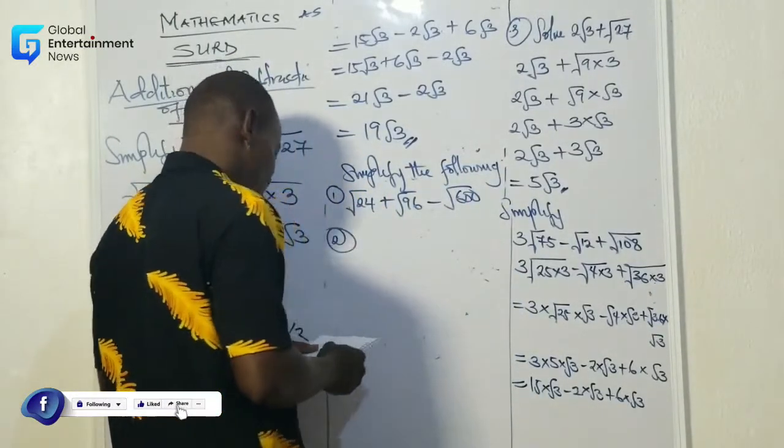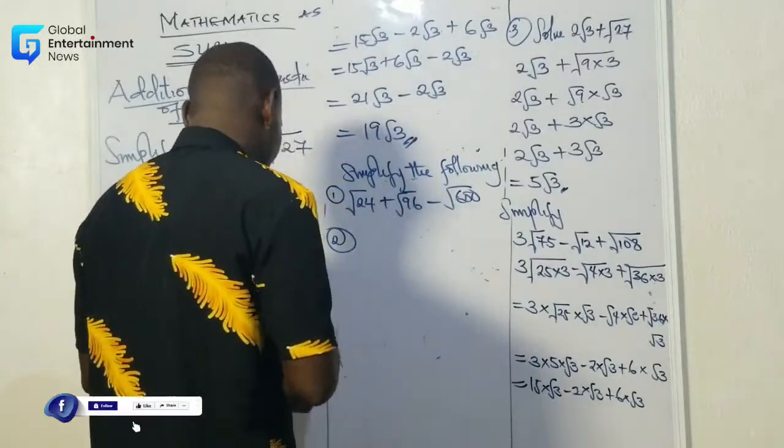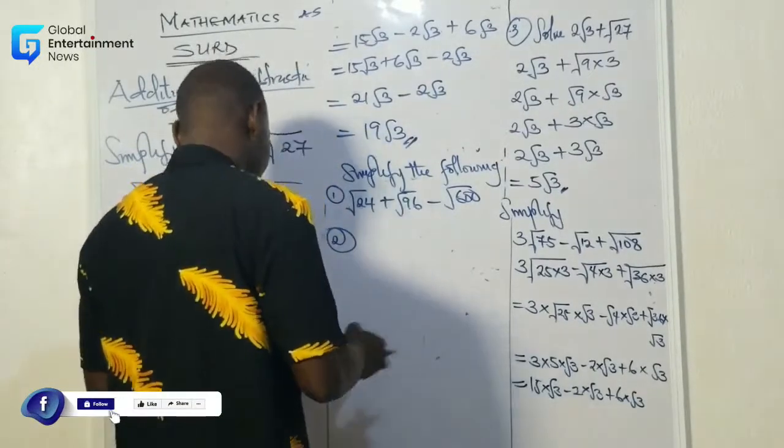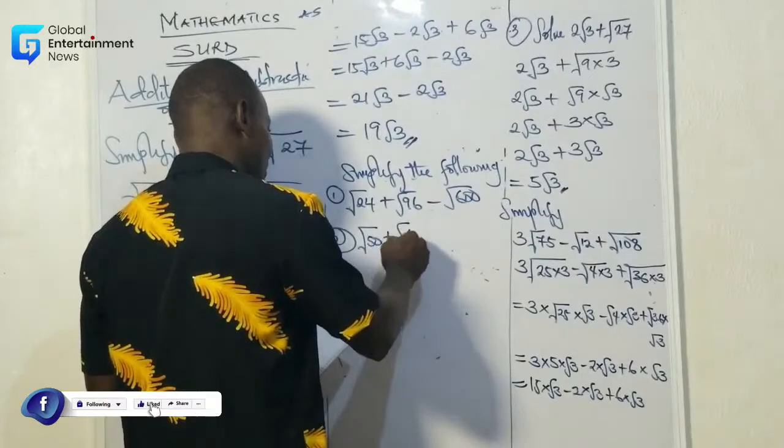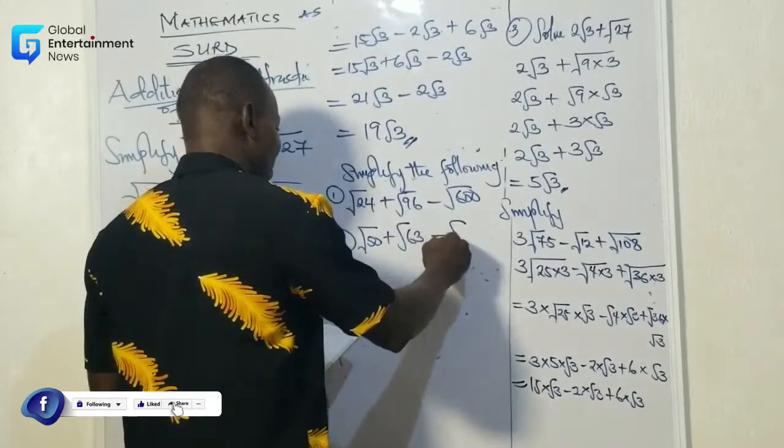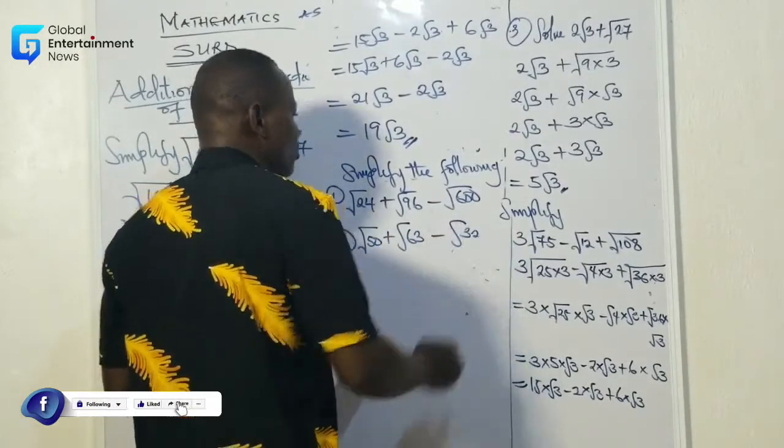Number 2, we have root 50 plus root 63 minus root 32.